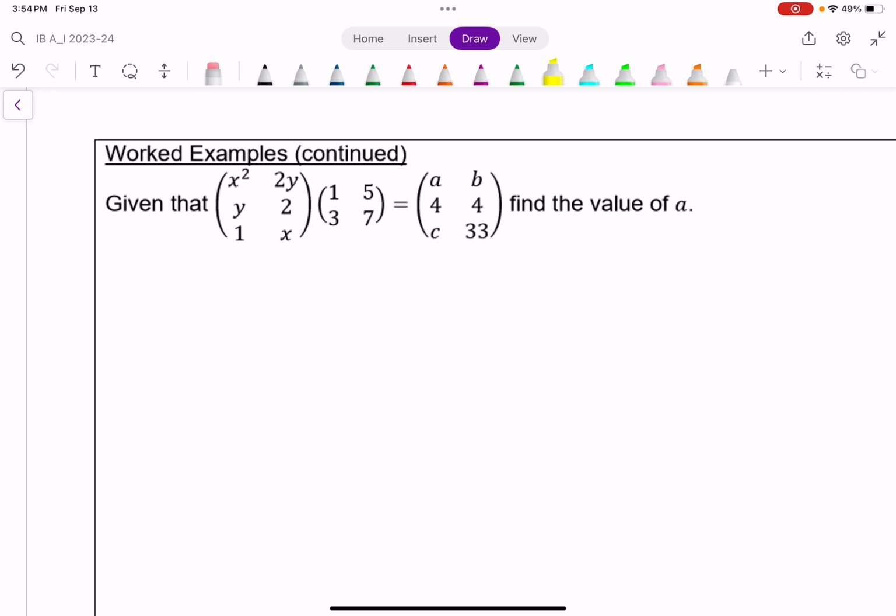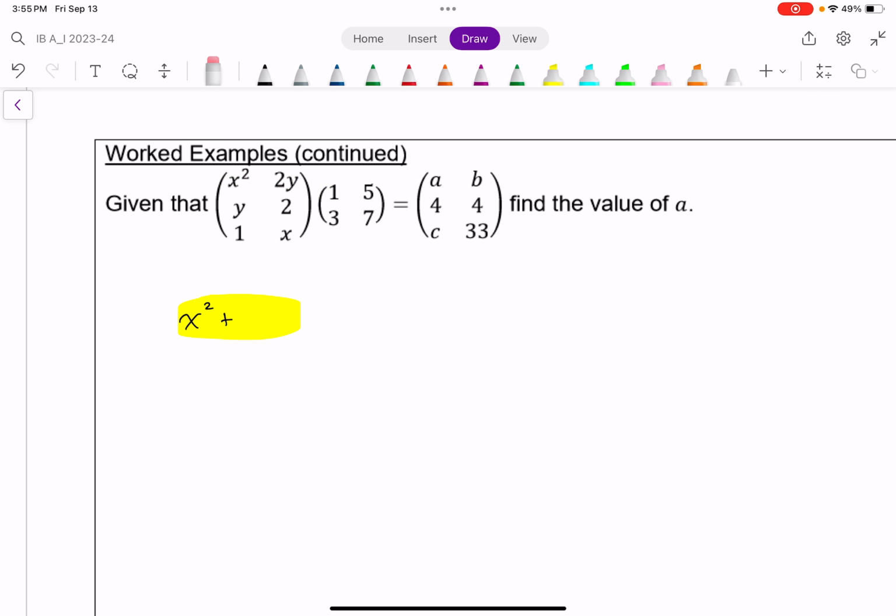And so for example, if I look at these 2 here, performing matrix multiplication, x squared times 1, which is x squared, plus 2y times 7. What am I doing? I'm looking at the wrong one. Let's just go back to the drawing board.